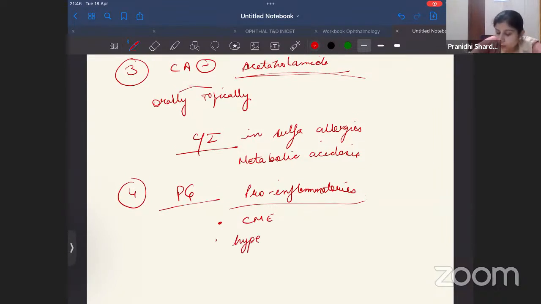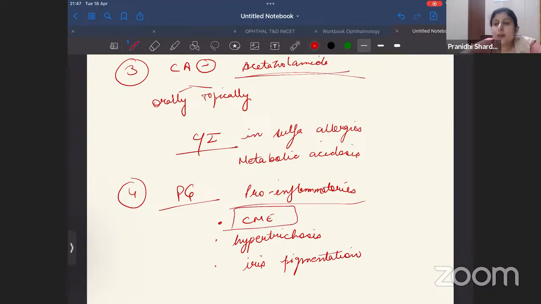Other things they can cause are hypertrichosis, excessive growth of the eyelashes, and iris pigmentation. That is why they are contraindicated, because they cause cystoid macular edema, in any eye which has a history of prior inflammation like uveitis. All of these three things have been asked previously, either in NEET or INI.